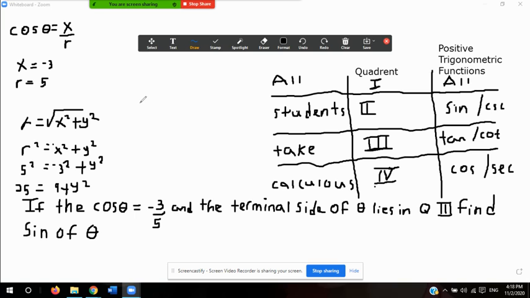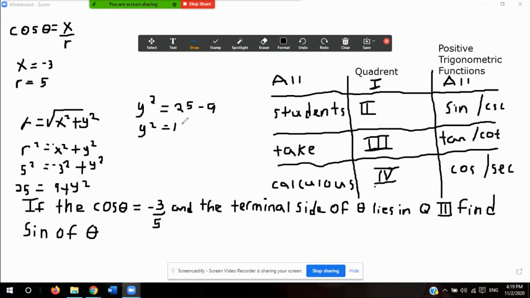And what I'm going to do now is rearrange the equation so that y squared, I take the 9 and subtract it from 25, equals 25 minus 9. And that's going to be that y squared equals 16. But I don't want the value of y squared. I want the value of y.